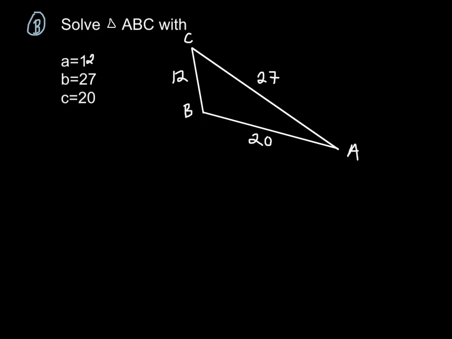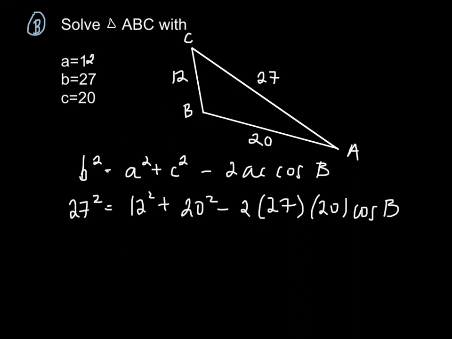Next we're going to be solving with the law of cosines, even though we know all three sides. We're going to plug in our values for those sides and solve for an angle measure. We can use the same formula of B squared equals A squared plus C squared minus 2AC cosine B.